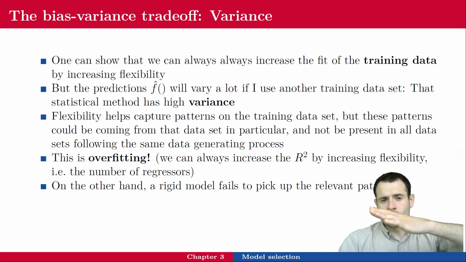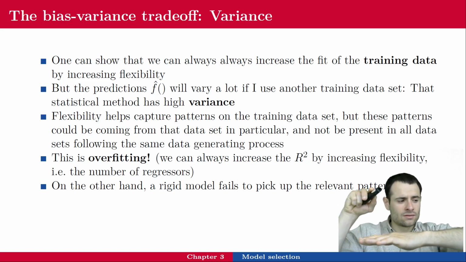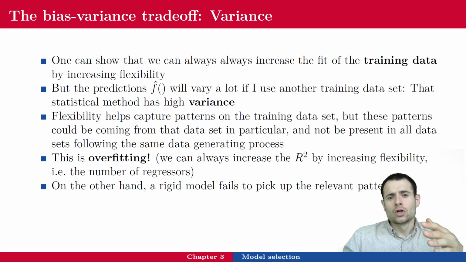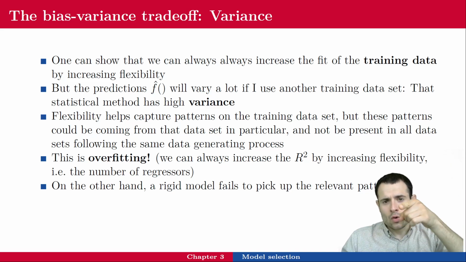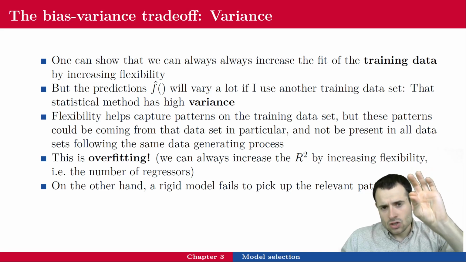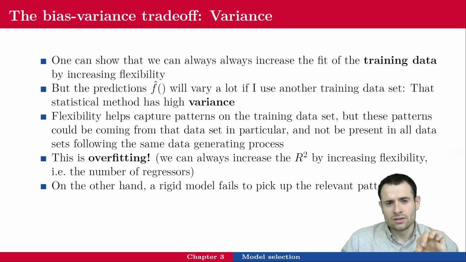The straight line is almost flat, whereas the data did some kind of a shape like that. And there was a logarithm in the process. Too rigid and we cannot grab that curvature. Too flexible and we might be just picking up patterns which are specific to this data set, which do not repeat in other data sets.